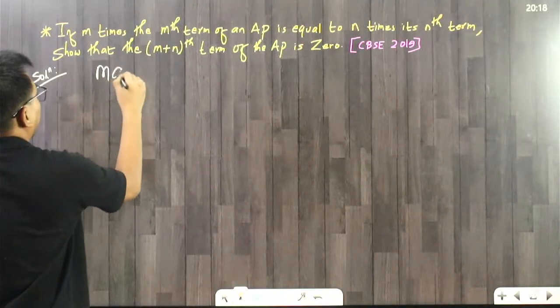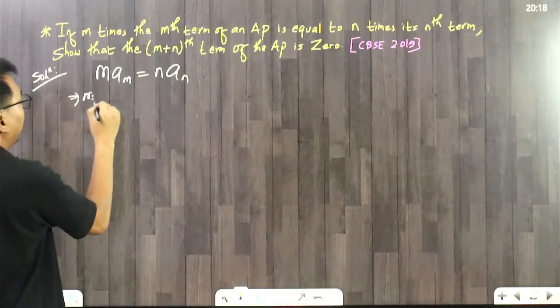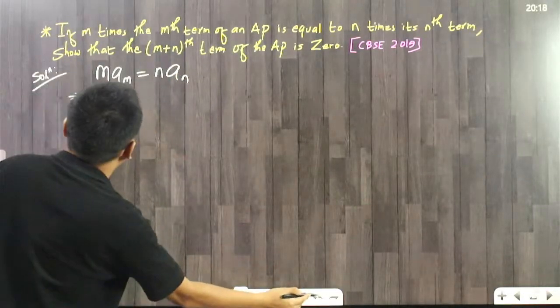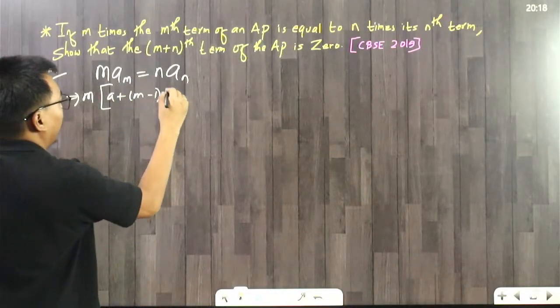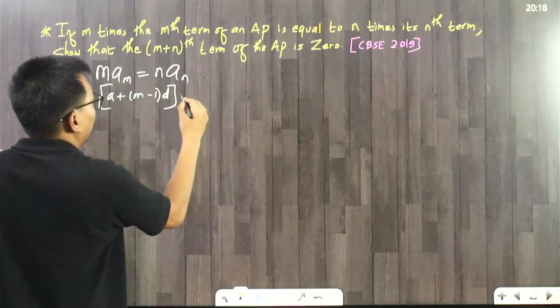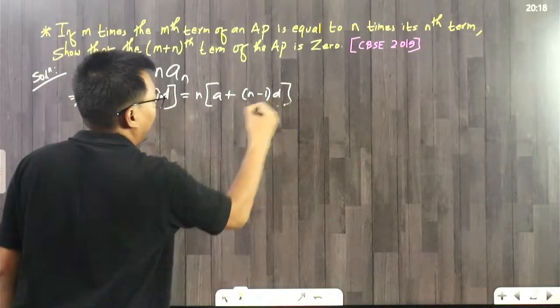So we have m times the mth term equal to n times the nth term. Let's break it down: m times (a plus (m minus 1)d) is equal to n times (a plus (n minus 1)d).